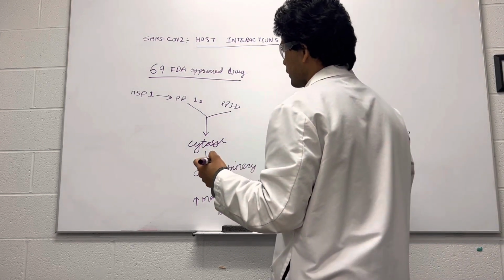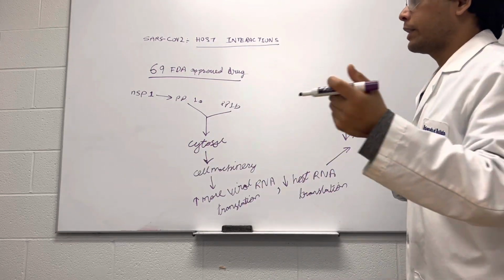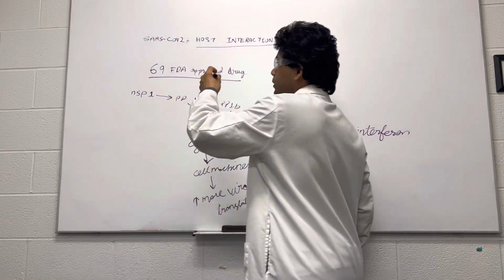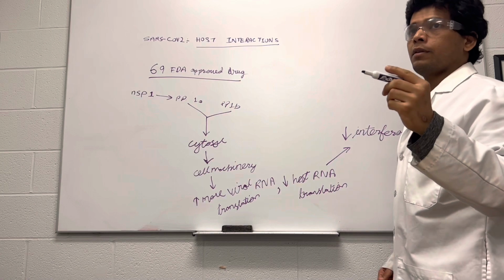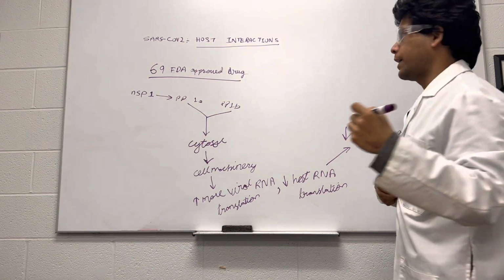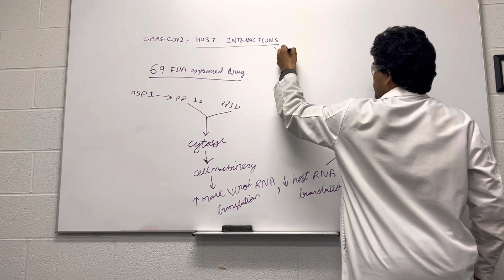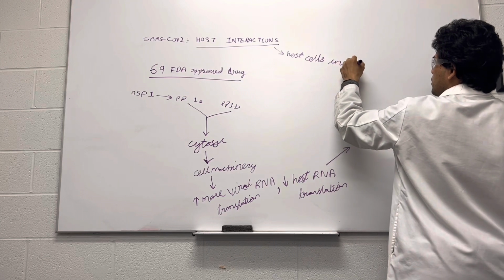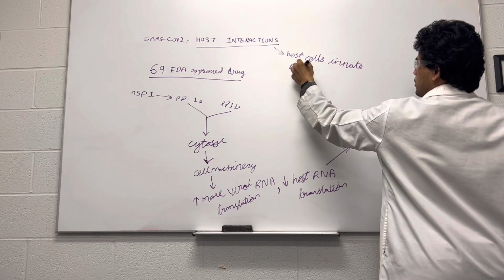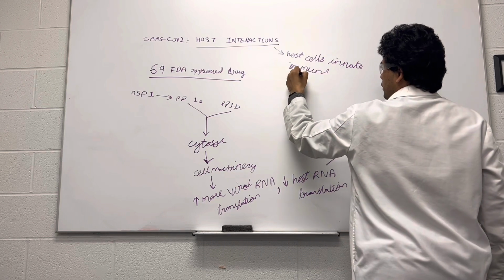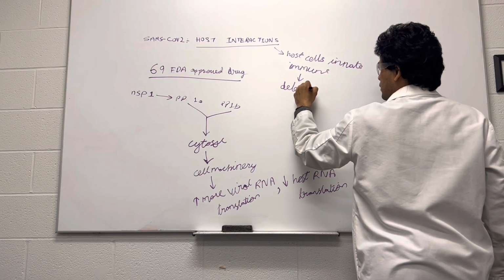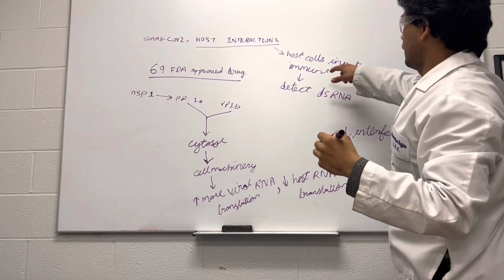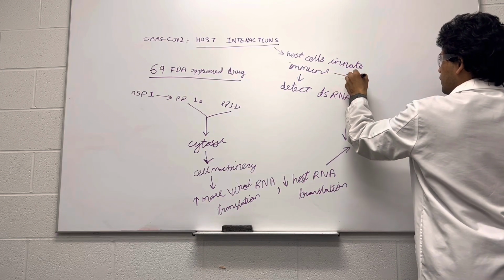One more thing that we have discussed in the previous videos is that the innate immune system of our host cell can detect double-stranded RNA, and this is usually present in the cytosol.